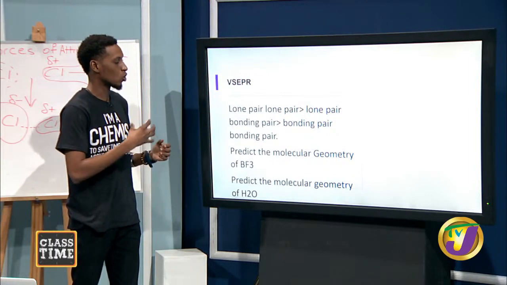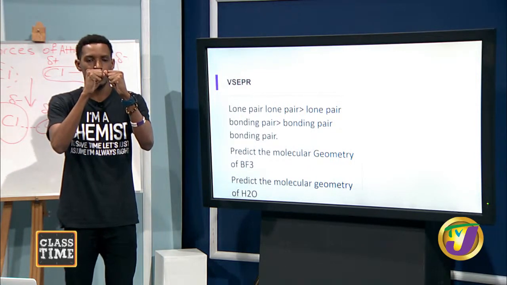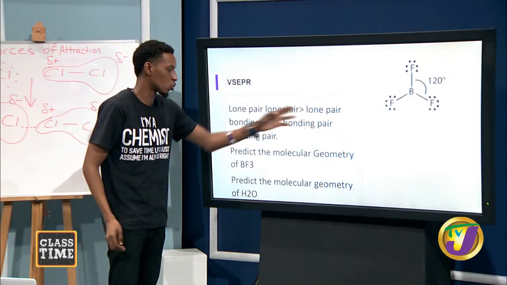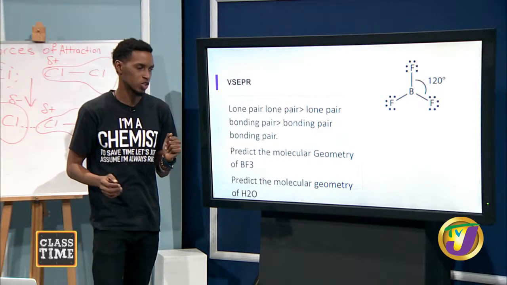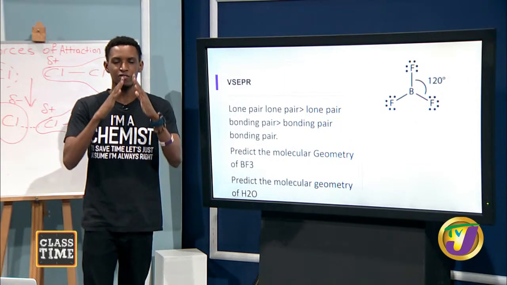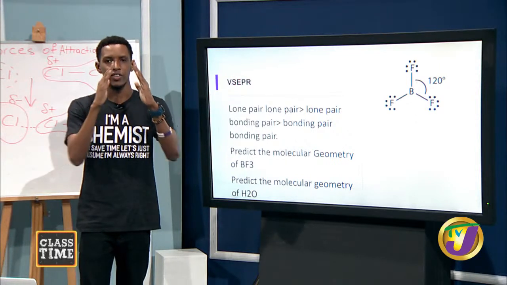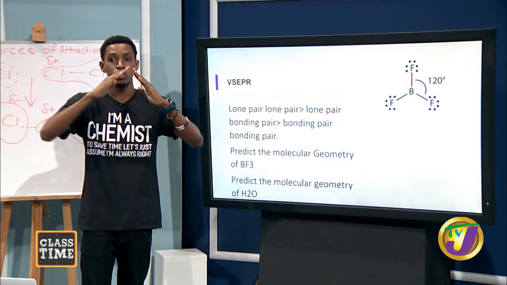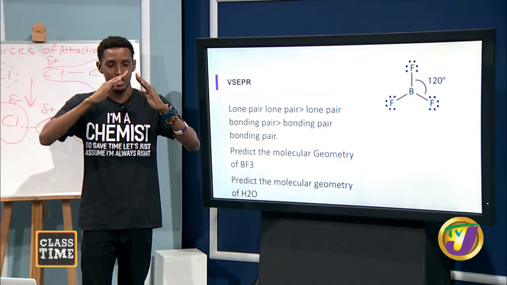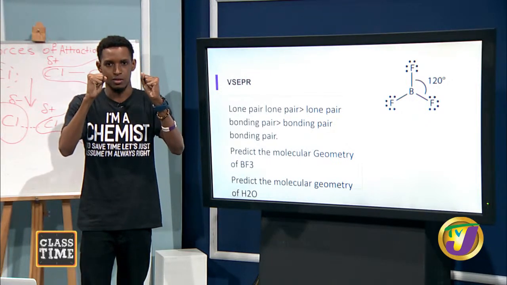It says that lone pair repulsion, that is 2 lone pairs right next to each other, the repulsion that would generate is a lot greater than a lone pair-bonding pair repulsion, or a bonding pair repulsion. So if you have 2 bonding pairs, imagine that my arms are bonds and they're right next to each other. They will repel each other because they have electrons in them, right? They will repel each other. But if you have 2 electrons, imagine that my fists are electrons.